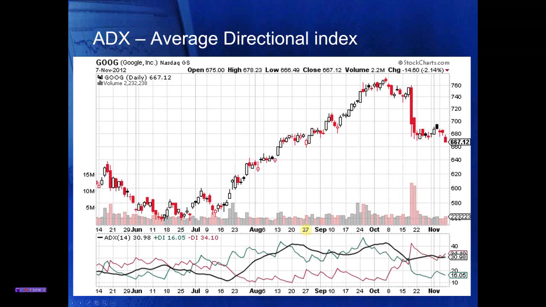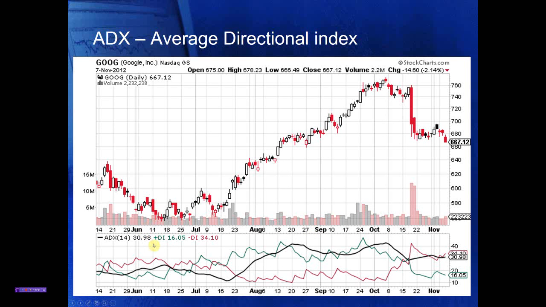Now, if we add these two components of ADX, the plus DI and minus DI, into consideration, then we'll get something like that. So we see ADX, black line in the middle, and plus DI and minus DI are these lines over here. So again, these lines are showing you which of the traders are dominating the market, and if the plus DI is increasing and the minus DI is decreasing, it means there is an uptrend.